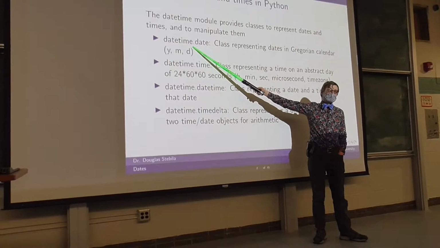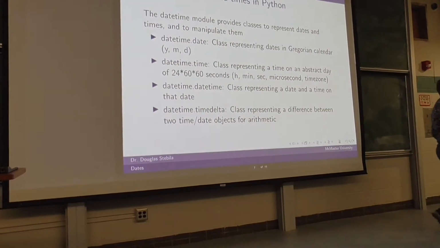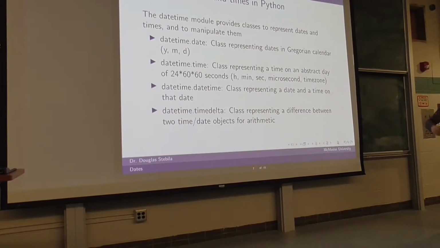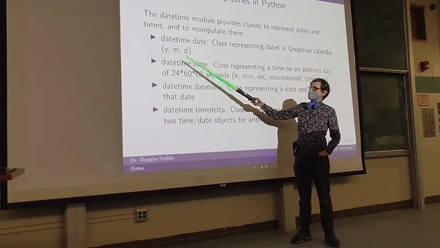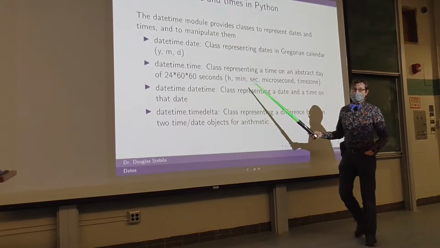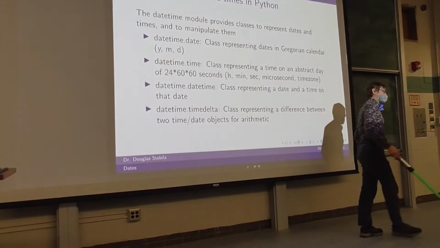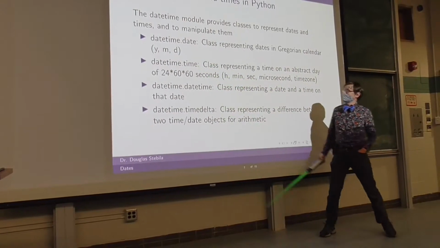The datetime object is an object containing fields for both date and time. It contains fields for year, month, day in the date half, and hours, minutes, seconds, microseconds, or milliseconds in the time half, right?